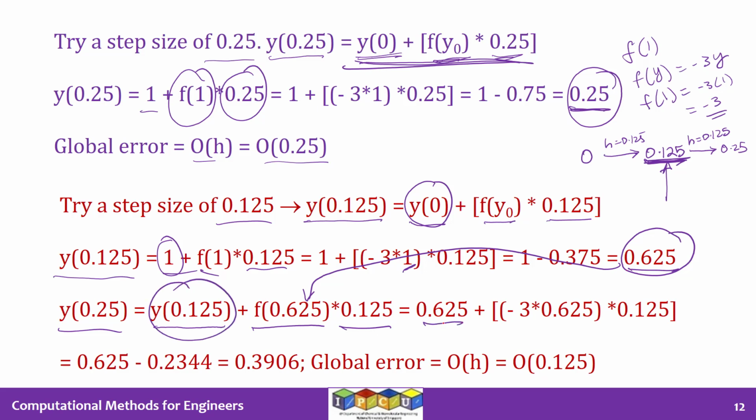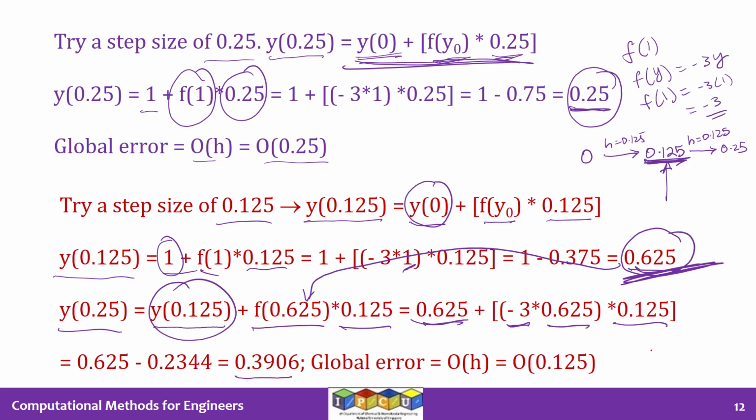So this is 0.625, and f of y is minus 3y. So minus 3. What's the value of y at the base point now? The value of y at the base point now is 0.625. So that goes in there, and then this is h. So exactly implementing the Euler scheme. Now, if you put in the numbers, you get a value of 0.3906.